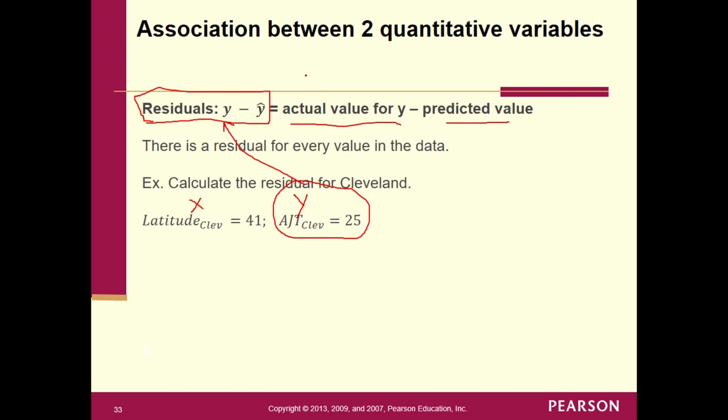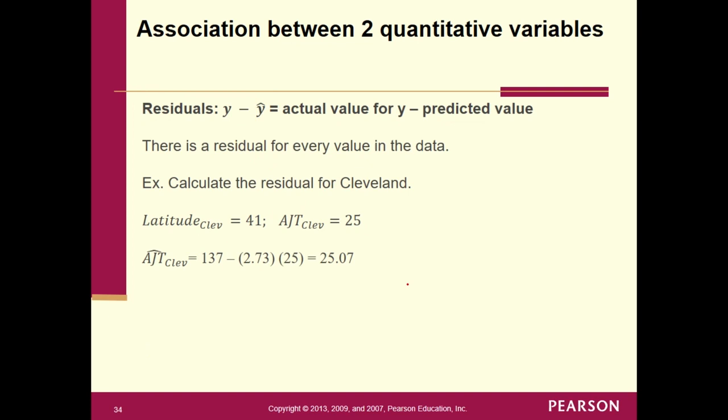Well, where are we going to get the predicted value? This is always from the regression line. It's always coming from our equation. So we have to ask, what were we predicting for a city that sits at 41 degrees latitude? We put 41 in for latitude and see what the average ambient temperature turns out to be.